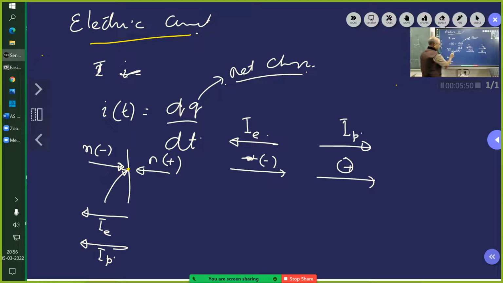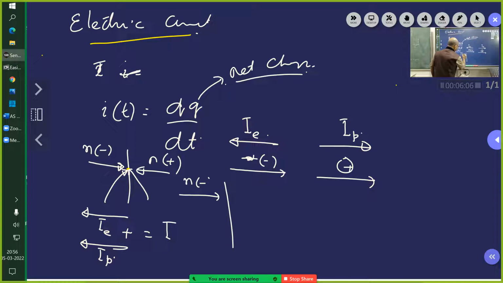So therefore there is net current flowing at this point. If you add this plus this, you will get the net current I flowing at this point. However, if you take some area here, if n number of negative charges are going like this, and n number of positive charges are going in this direction, then due to the negative charges, the current will be in this direction.